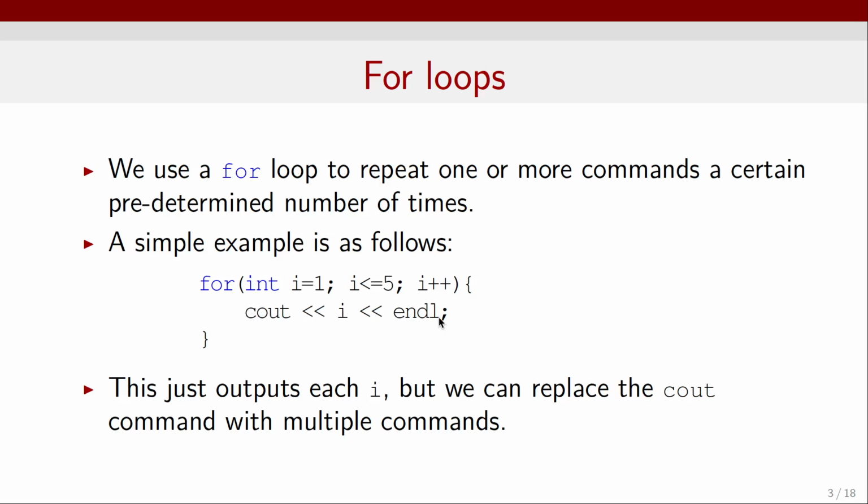This program will simply output each I, but of course you can replace the cout command with multiple other commands. So this will obviously just display I from 1 and then 2, 3, 4, 5 to the screen.